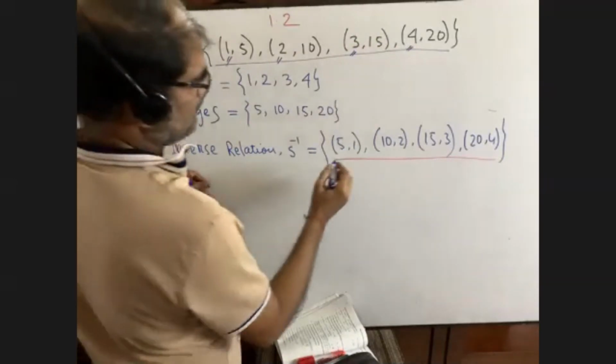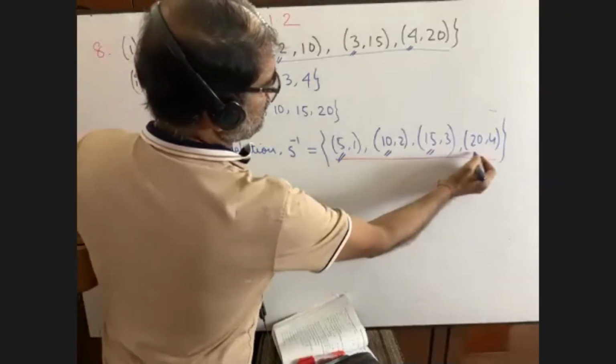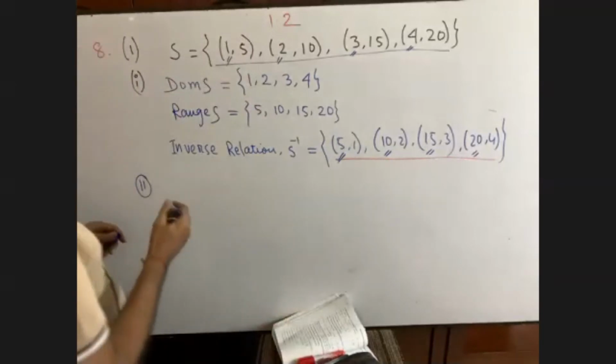Here 5, 10, 15, 20. They are not repeated. Write down.